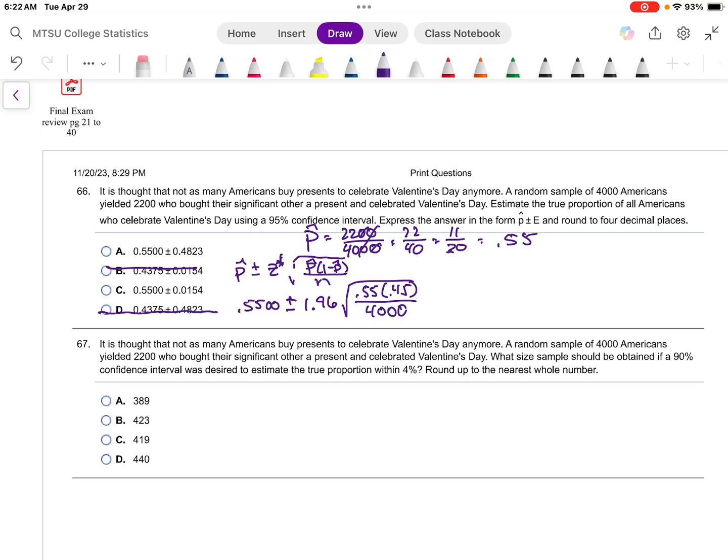And so we really just need to simplify this part to figure out what goes after the plus or minus symbol. If that's the way you like to do it, and you have that formula on your sheet, which is not a bad idea to have as we look at finding minimum sample sizes for the margin of error.